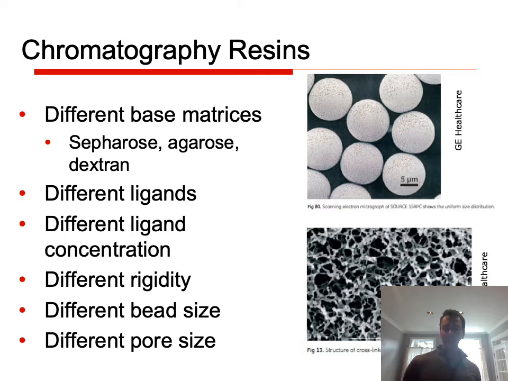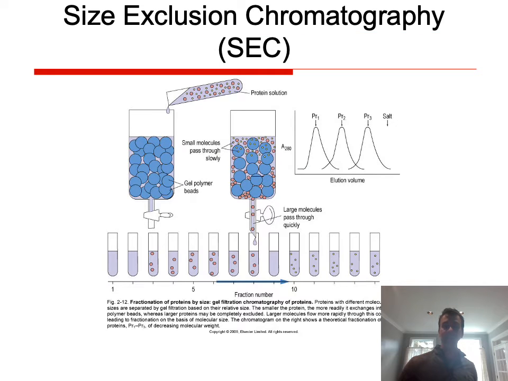They can have different rigidity to them, different bead size, different pore size. So there's a whole industry built around the chromatography resins. One of the simplest resins to think about and that people use is size exclusion, the resins that use size exclusion chromatography.